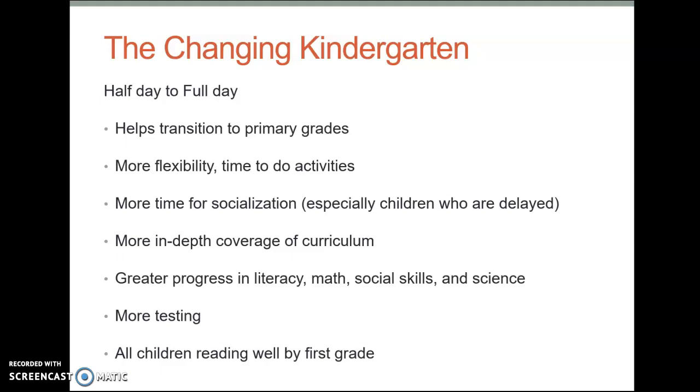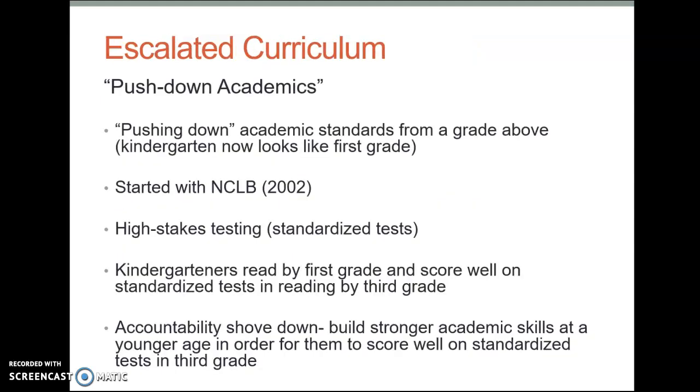But those of you that know anything about children, and those of you that have worked in education, know that that is not necessarily true. One of the things that has come along with those ideas is the push down in academics, which has led to an escalated curriculum.